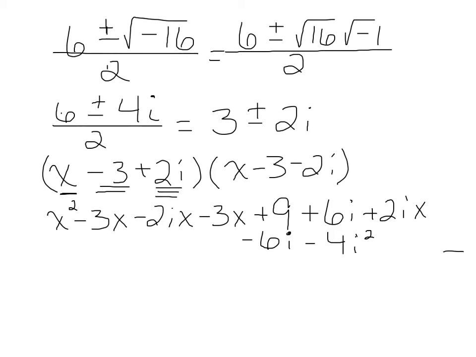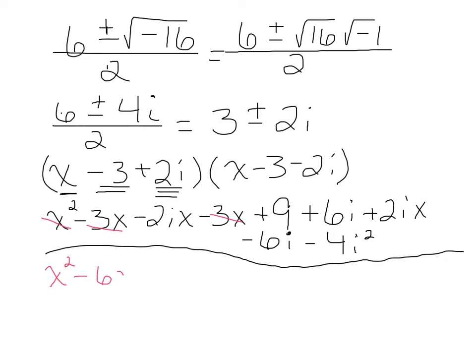All right, we need to combine like terms. So I'll cross them off as I get them done. x squared, there's only the one x squared. x's, I've got minus 3x, minus 3x, so that's a minus 6x. ix, I got a minus 2ix and a plus 2ix, so that's 0.